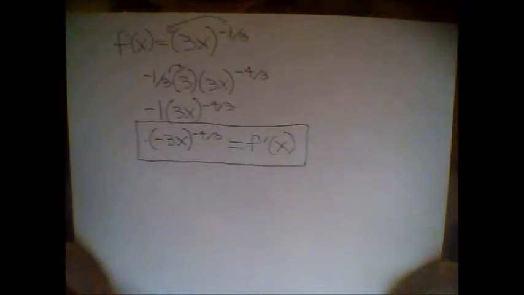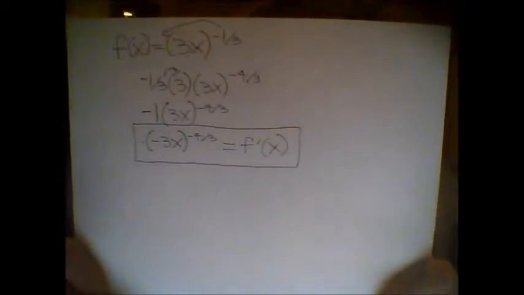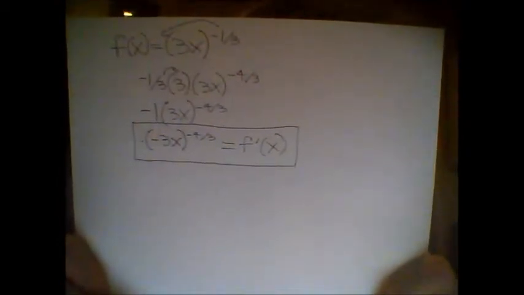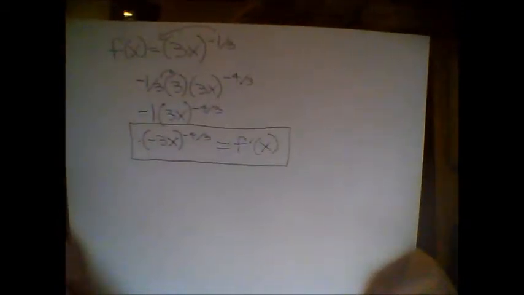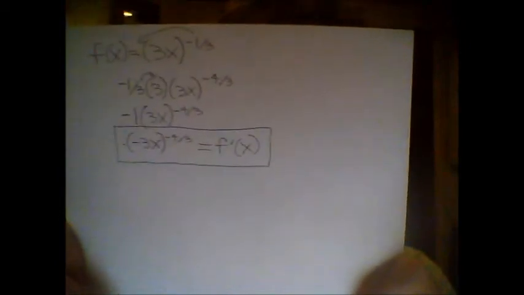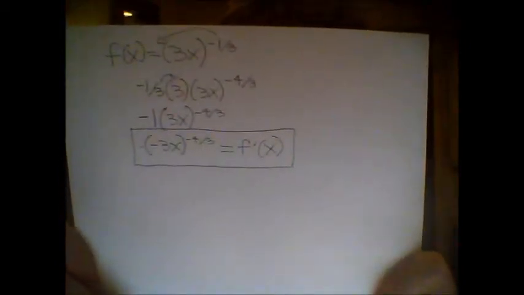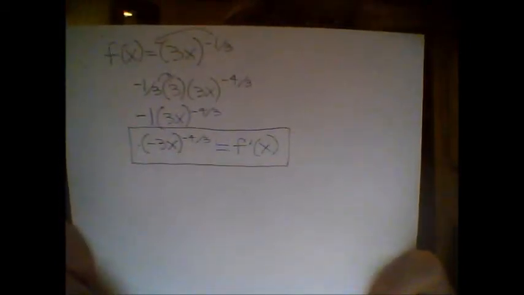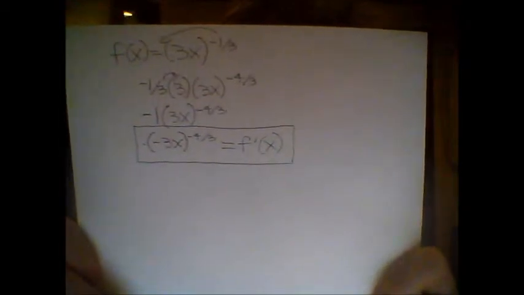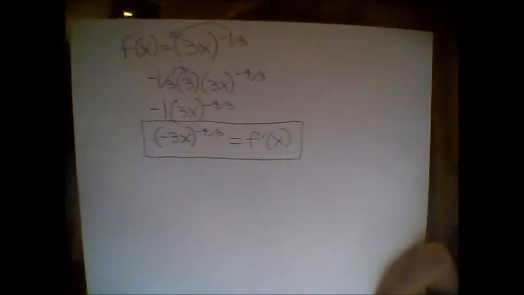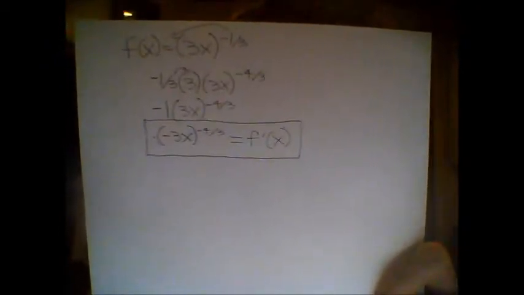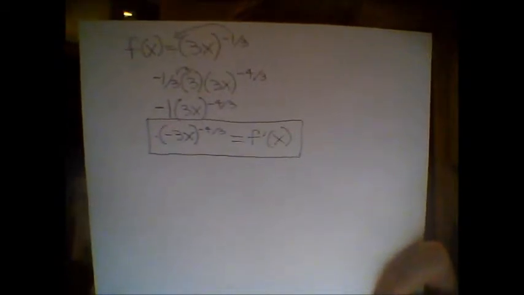For our next problem, we have f of x equals (3x) to the negative 1 over 3 power. The same properties apply with this equation even if the power is negative. You move the negative 1/3 power in front of the equation, and now you take the derivative of 3x, which is just 3, and you move it behind the negative 1/3.